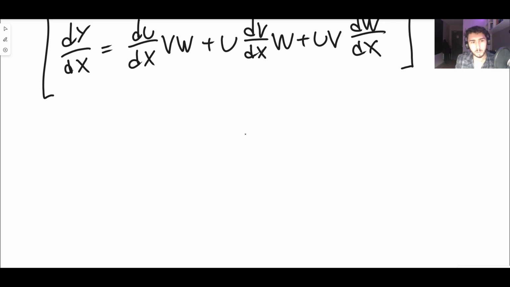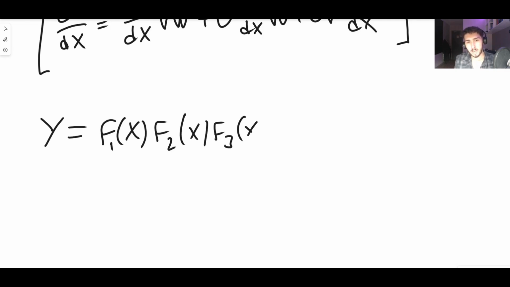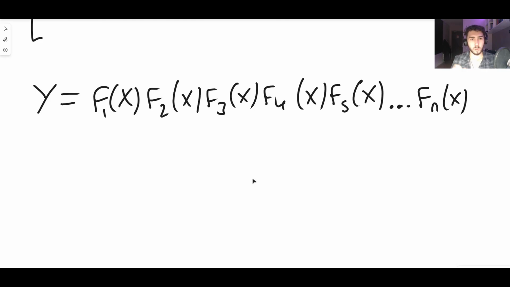So if you have y equals, and maybe it's f1 of x times f2 of x times f3 of x times f4 of x times f5 of x, and each of these, f1 of x, f2, they're all just different functions of x, and they can go on for as many as you need, all the way up to the nth one, so fn of x. However many, imagine you're trying to differentiate this, and again, f1, f2, they just mean different functions of x, labeling them. Okay, imagine you want to differentiate this.